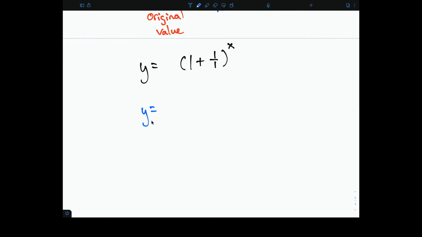One, our rate is still 100%, right? But we're going to have to divide this by 2, because we've cut the rate. If the rate is 100% every year, if we're doing every 6 months, we're doing half of that 100%, right?